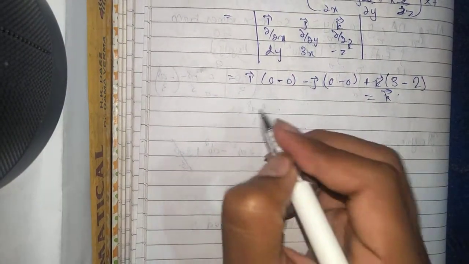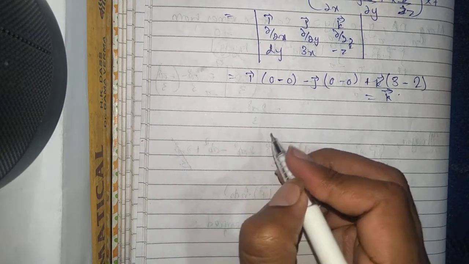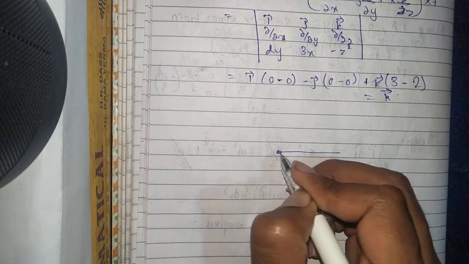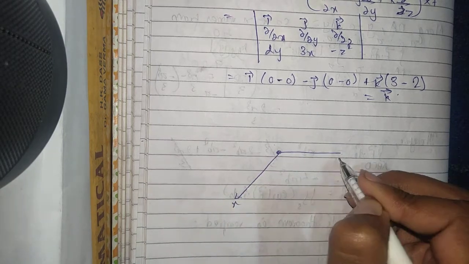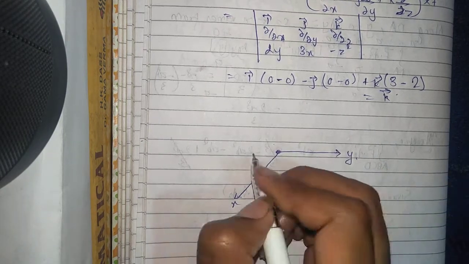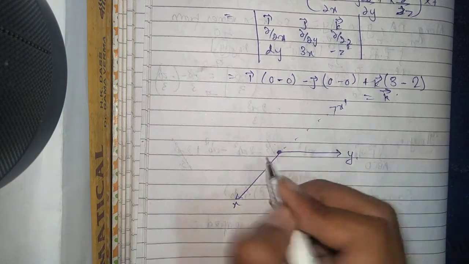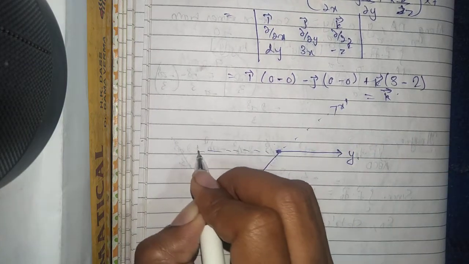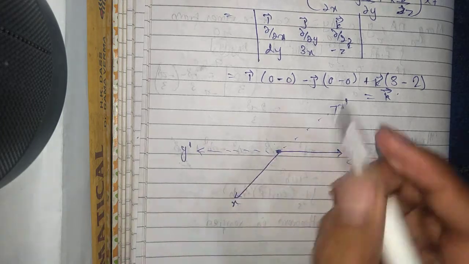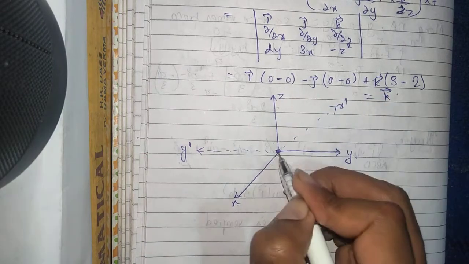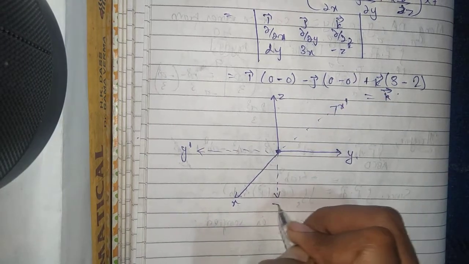Before moving ahead, let us draw the upper part of the sphere. Let this be the x-axis, this side be the y-axis. Then the opposite side be x dash, another opposite side y dash, this side be the z axis and the opposite side be z dash.